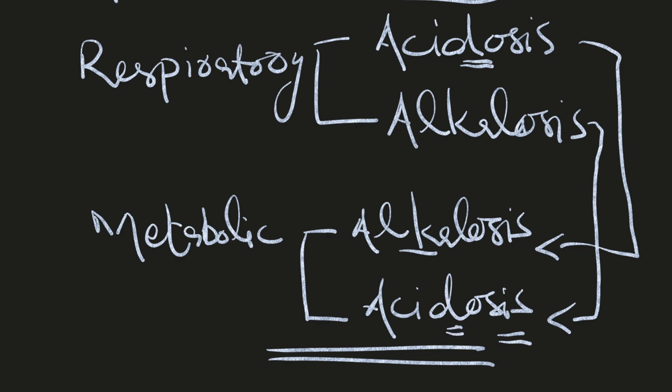If the body is primarily having metabolic acidosis, it can get the equilibrium with respiratory alkalosis. Now, this is the most important concept. If you didn't get the point, just say it again and you will surely get the grasp of it.